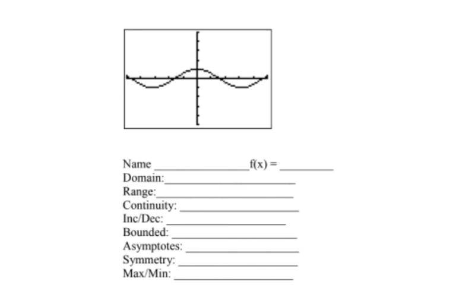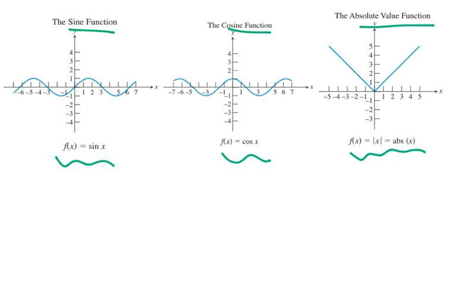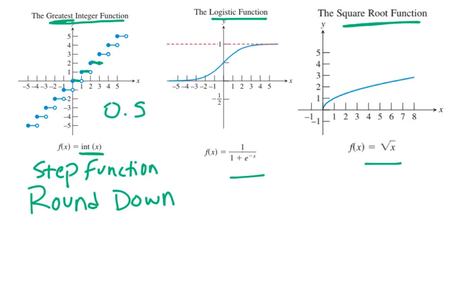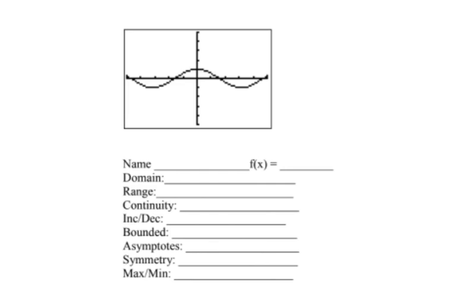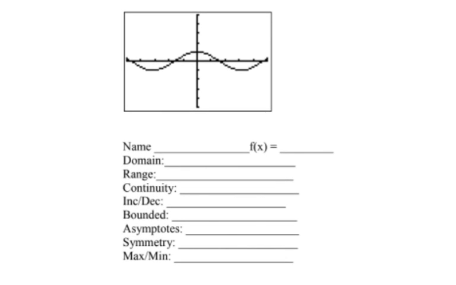Let's see, this one is the cosine function. So you can see it matches up here. It goes through the y-axis at 1, and that's what this one does. So this is also the image that your calculator would give you if you graphed the cosine function. So we're going to call this the cosine function, and we're going to mention that it's cosine of x.